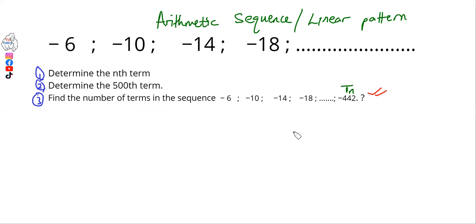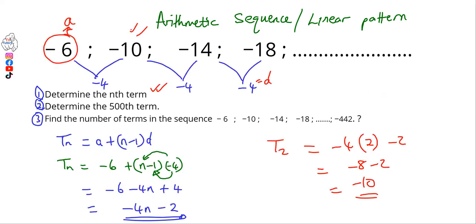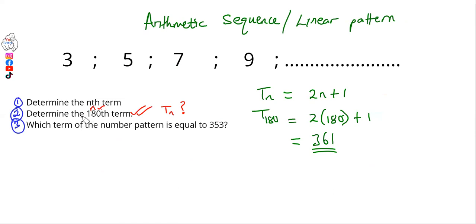We are given Tn as negative 442. And what are we looking for here? We are looking for n, but we are given Tn. So it means that the last term is our Tn, and we just want to find out which term it is. So it's more like the question we had before, which term of the number pattern is equal to 353.